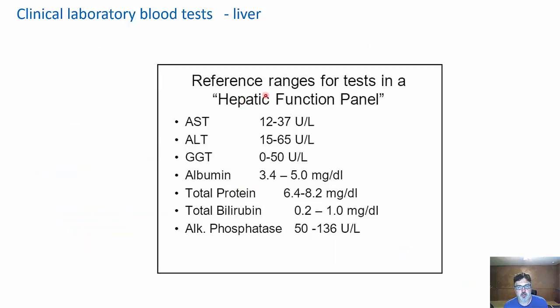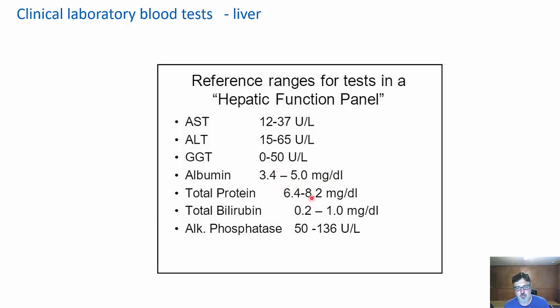So here's a nice little reference range for a hepatic function panel. When you're looking at hepatic function panels, we don't need to memorize all the numbers here. Just keep in mind the AST, ALT, GGT, these should all typically be under about 50. If you start going over the high value here, that's definitely not a good sign, indicating some type of hepatocyte damage. Albumin, somewhere between 3 to 5 typically in the plasma.